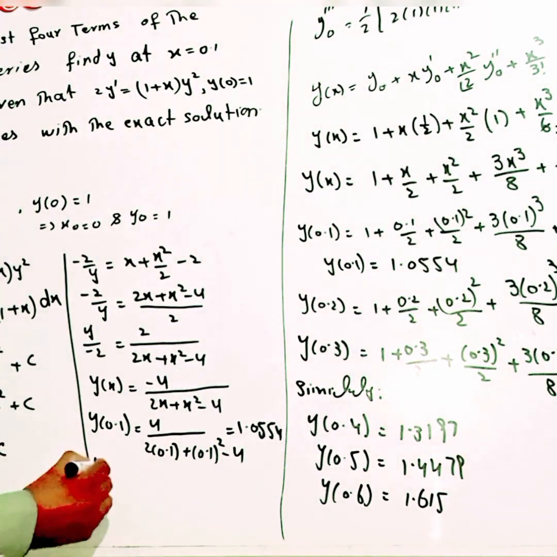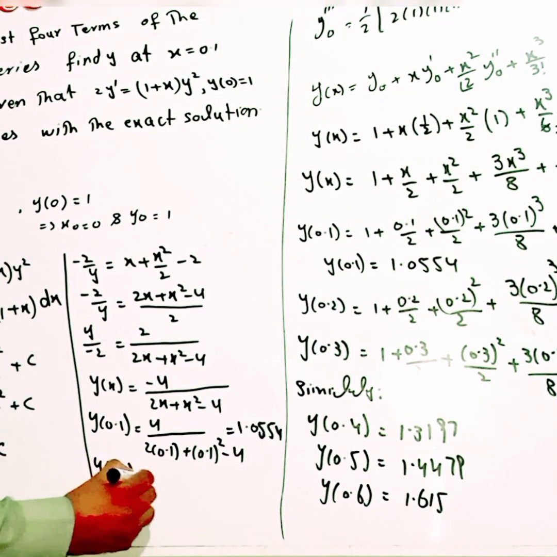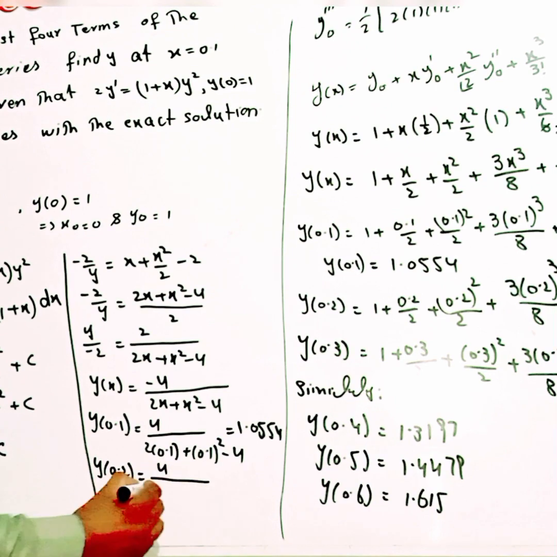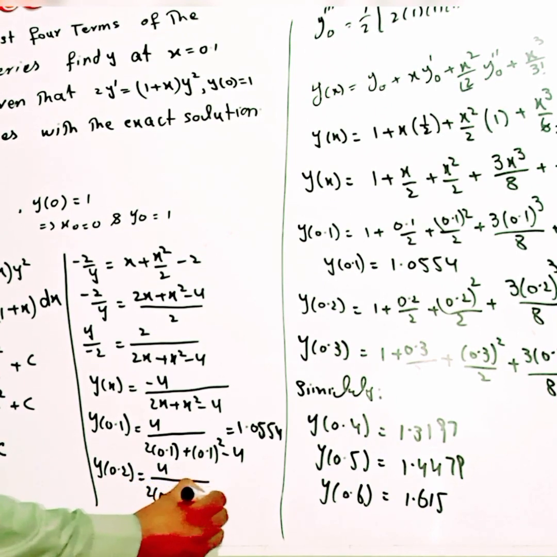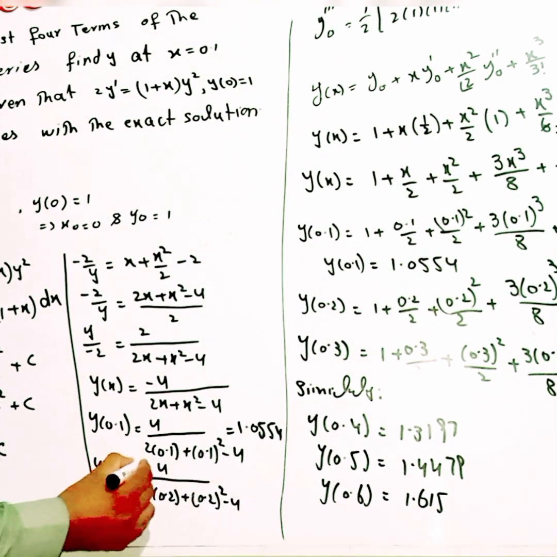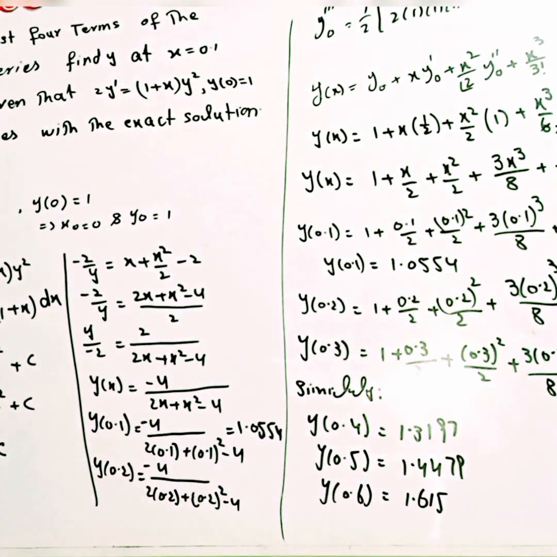Similarly, y of 0.2 is 4 over 2 into 0.2 plus 0.2 square minus 4. Here we also have minus 4. After simplifying this by using a calculator, we have 1.1236.